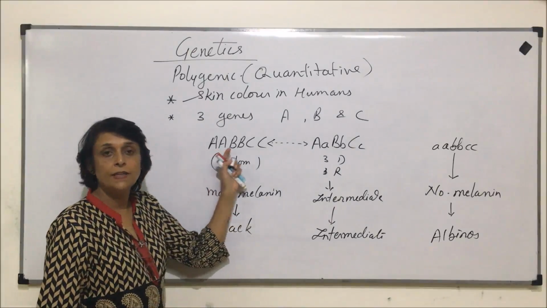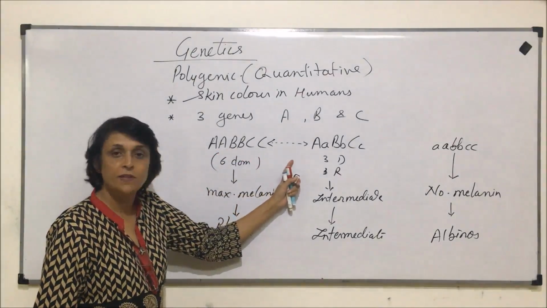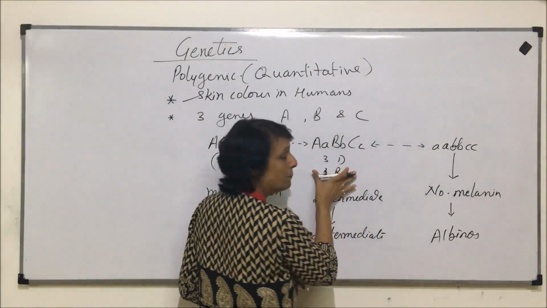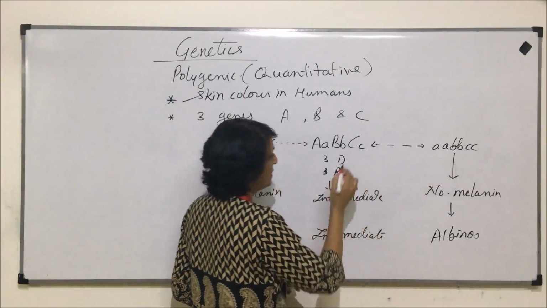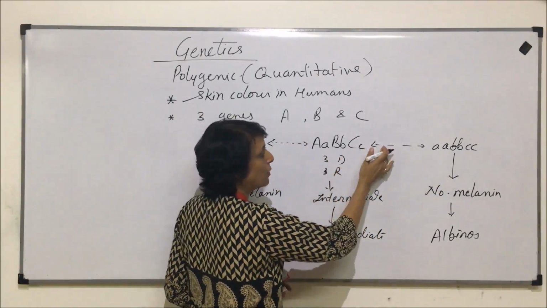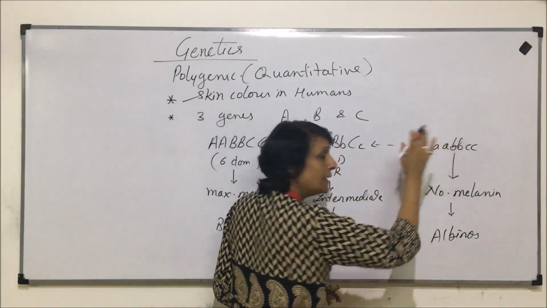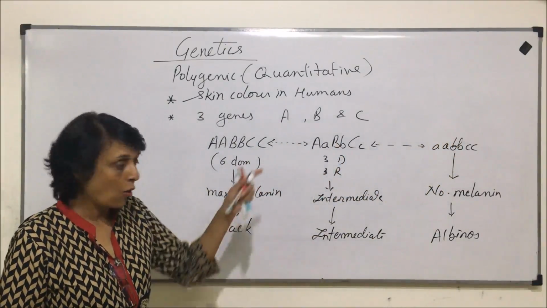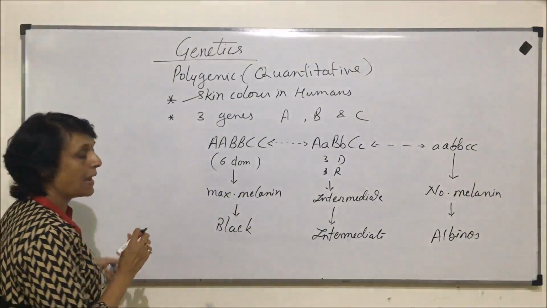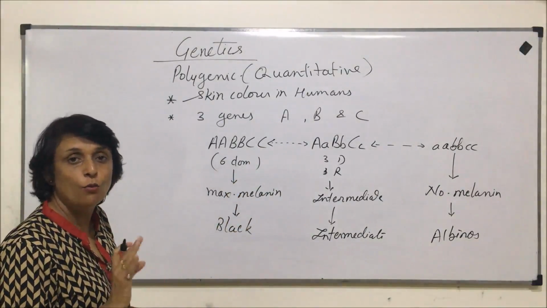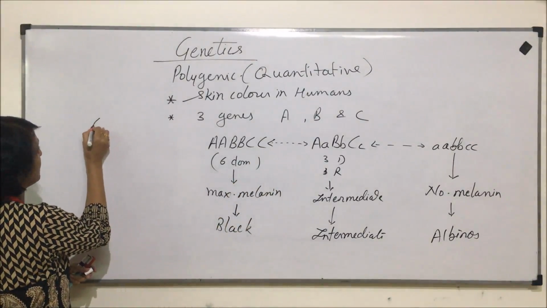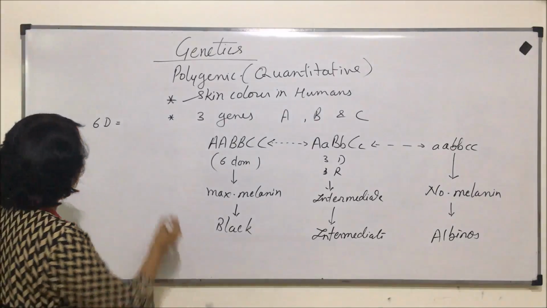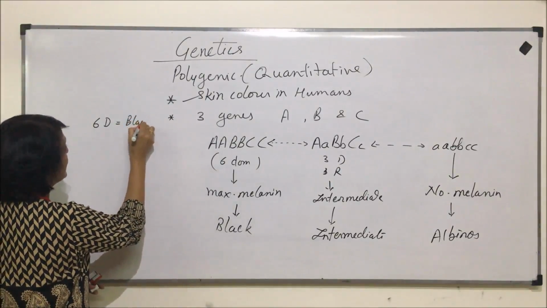6 dominant, then there will be 5 dominant, then 4 dominant. These are 3, and we would have a range between this intermediate and this extreme. Here there are 3 dominant, so we'll talk about 2 dominant, then 1 dominant and 0 dominant. Now, to understand the color of the skin, let us have a key. If there are 6 dominant genes, then the skin color would be considered as black.